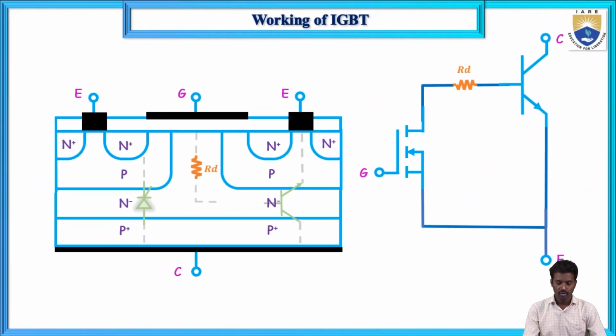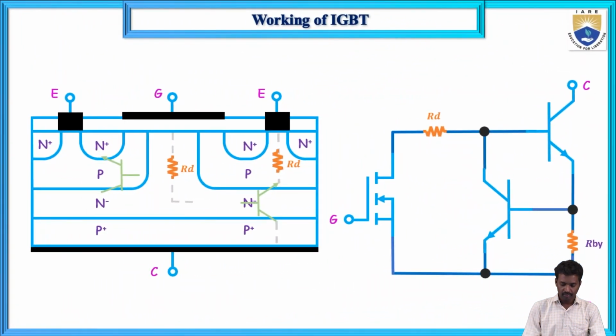Now here, what will happen? First there is a parasitic BJT, this P, N, and P. RD offers one resistance, that is the body resistance in the N minus. Next, here there is one thyristor.